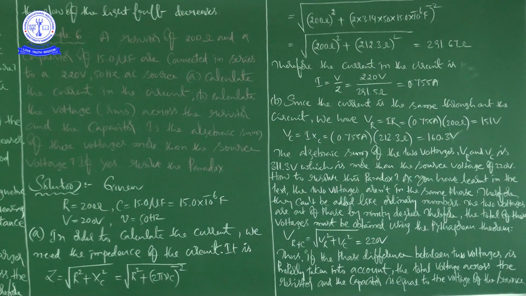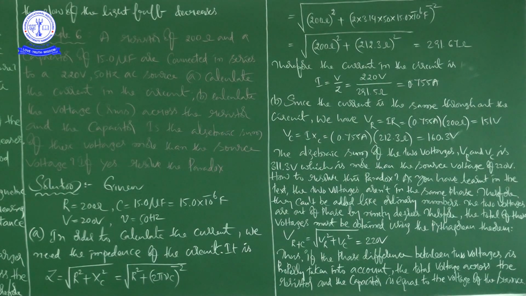That is what he is asking: resolve the paradox. To resolve the paradox, we have to find the voltage across the resistor and capacitor by using the Pythagorean theorem, because there is a phase difference.